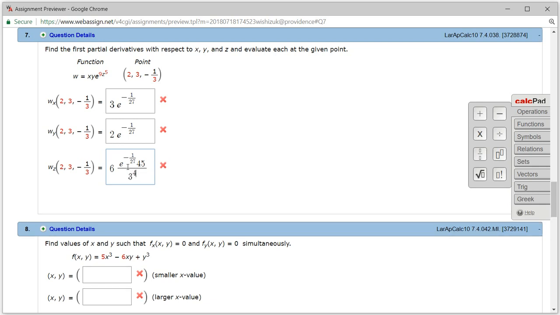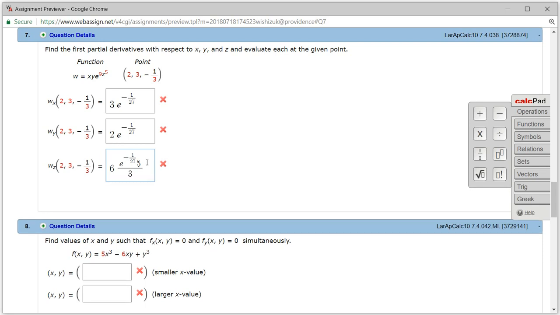But 45 is what? 45 is 9 times 5, so it's going to be 3 squared times 5. So the 3 squared cancels out, and this becomes 3 squared.